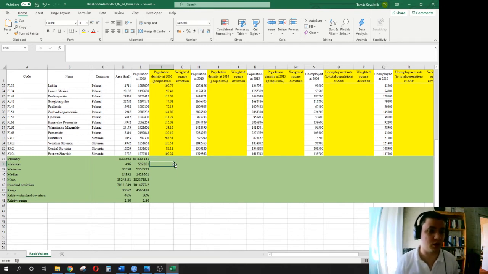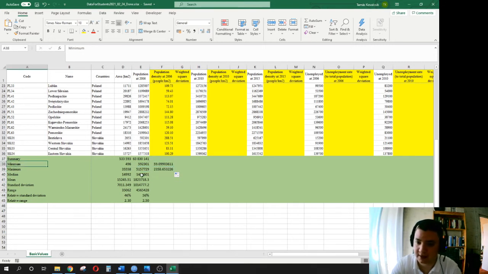There is no meaning for the summary of the relative indicators. But the minimum, maximum and the median also have the same functions. We can use those functions which we used for the absolute numbers.